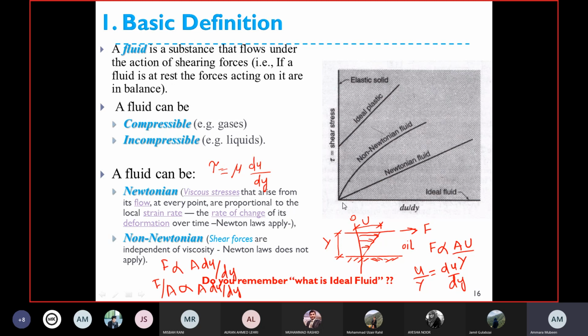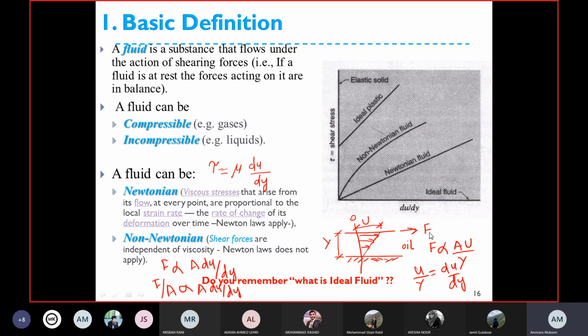And when there is only deformation without any shear stress, it means that it's an ideal fluid. That means that oil or any fluid keeps on moving without any force application. Okay, so that fluid would be called an ideal fluid.